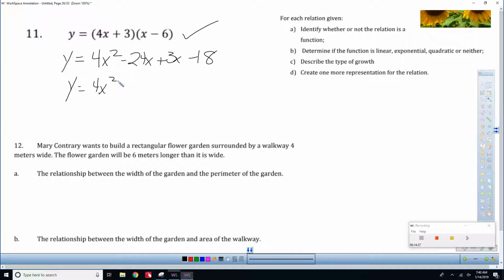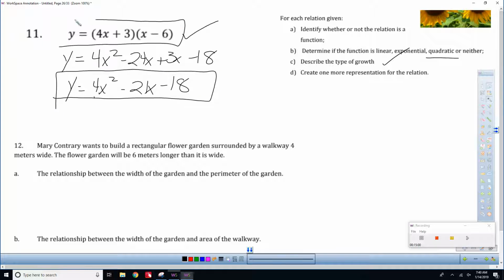So it's 4x squared minus 21x minus 18. Okay? This is a quadratic function. It is increasing because it's positive, and that's another representation. This is another way to write this equation.